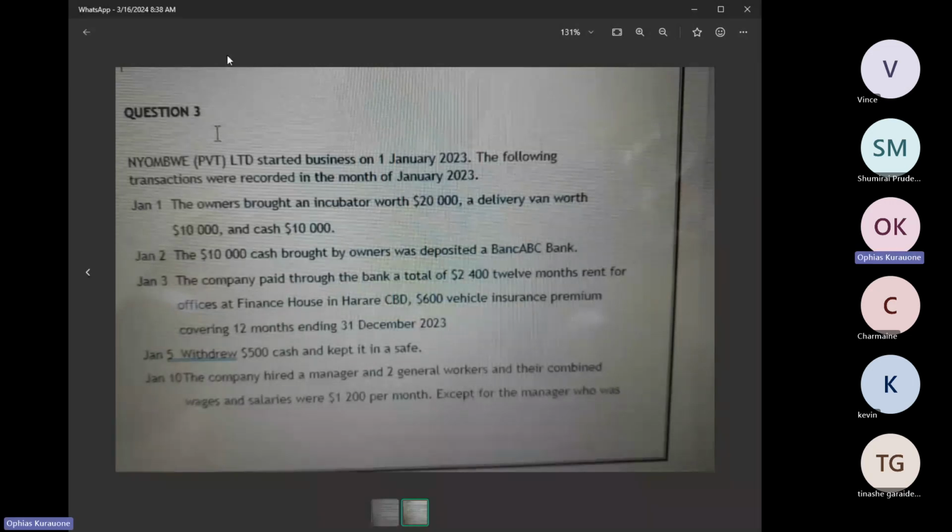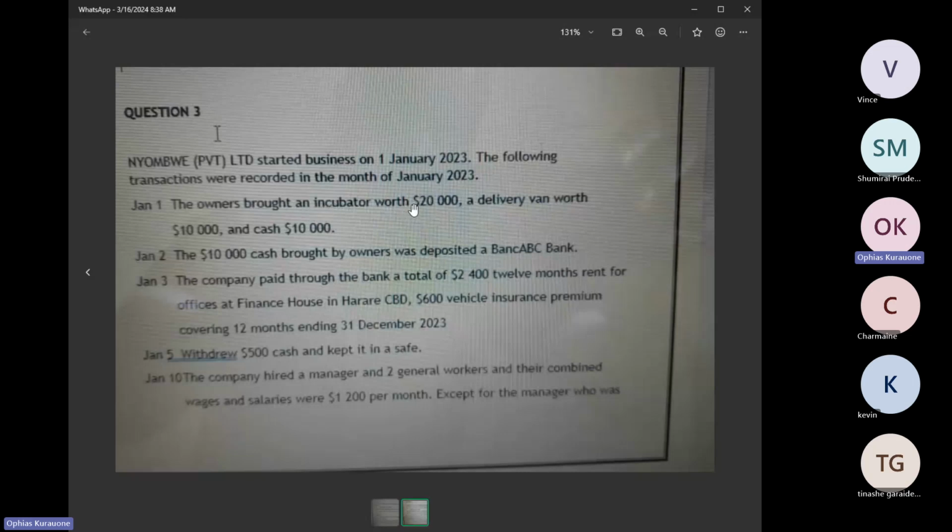Saying Nyombe Private Limited started business on 1 January 2023. The following transactions were recorded in the month of January 2023. The owner bought an incubator worth 20,000, a delivery van worth 10,000, and cash 10,000 brought. Which means that on this issue, we should open a capital account because he brought an incubator.